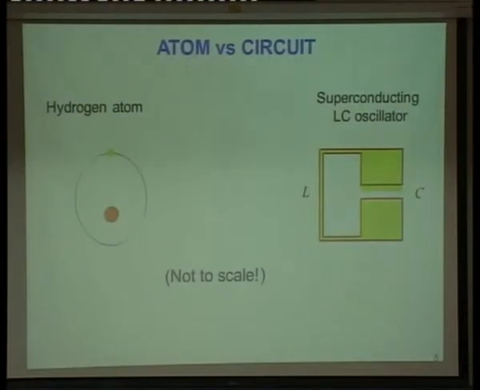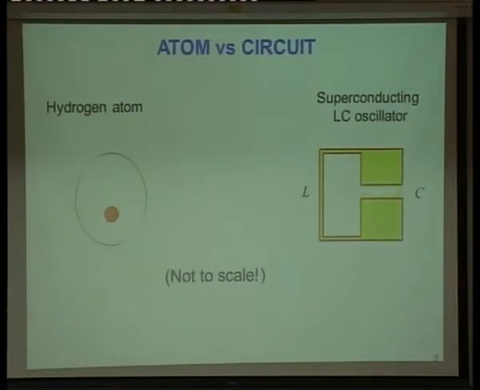So here's from Michel Devoret, not to scale drawing of the hydrogen atom. You can see the animation. There we go. Okay, so you can see the electron in various allowed orbits corresponding to the quantized energy levels.